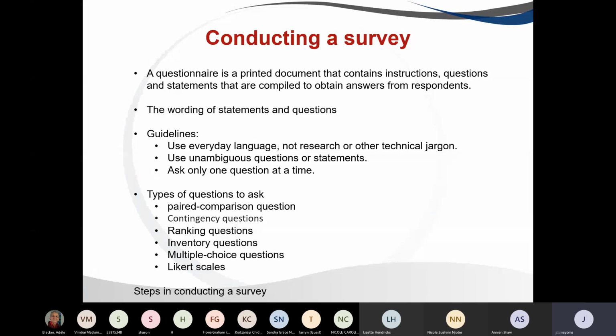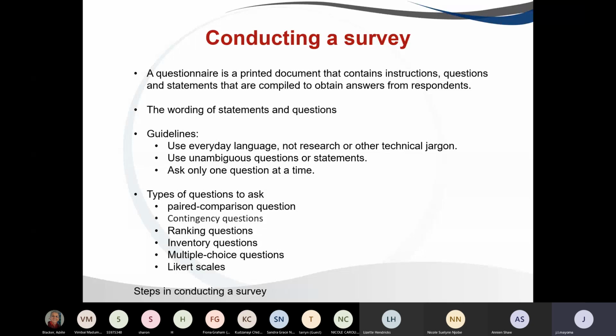Then we've got contingency questions, and these are questions that only apply to some respondents and therefore must include clear instructions. And perhaps that is what the researchers of the questionnaire you filled out, Fiona, had, contingency questions. So if you answer a particular way, it takes you down a different path, and if you answer a different way, then it takes you another path. But I think maybe what they didn't do is make provision for that alternative path.